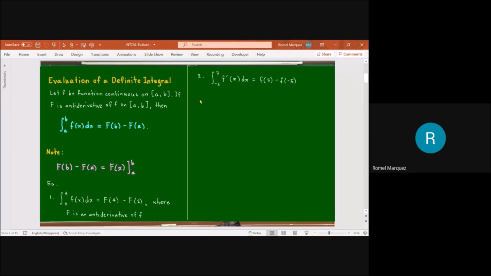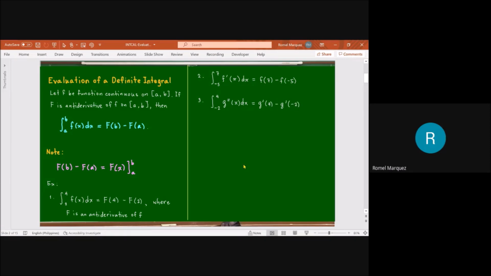So let us have the last one here. If I have the integral from -2 to 4 of, let's say, g double prime of x dx, so it is now here g prime of x, and what is our x at the upper limit? So we have 4, no? So g prime of 4 minus g prime of -2.